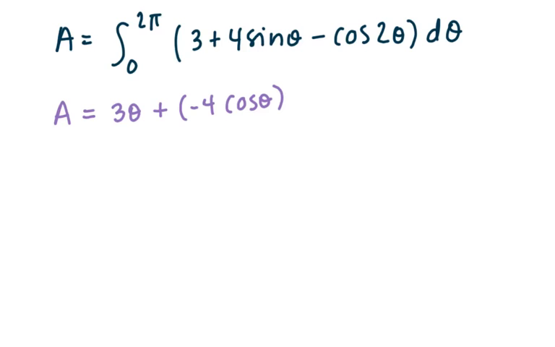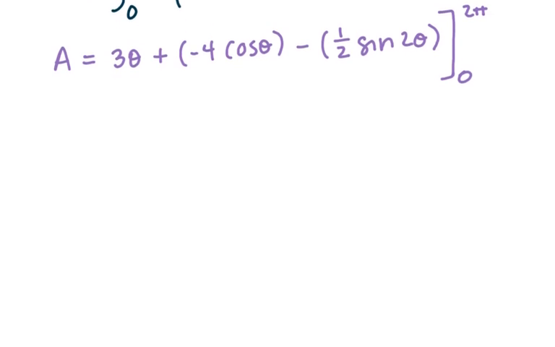And then cosine of 2 theta, again, I'm really using substitution here. I know if I did the chain rule, I'd get an extra 2, so we're going to need an extra 1/2. And sine of 2 theta. And all of this is being evaluated between 0 and 2 pi.